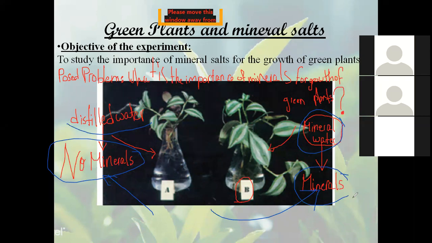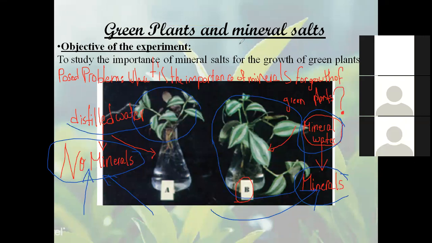What do you think is the reason behind this? Minerals. So in plant A, we don't have minerals, so the plant grows slowly and smaller in size. However, in plant B, we have minerals, so the plant grows faster and the leaves are larger in size.